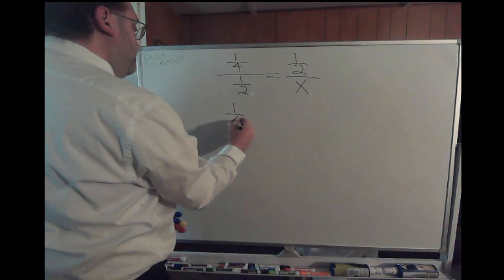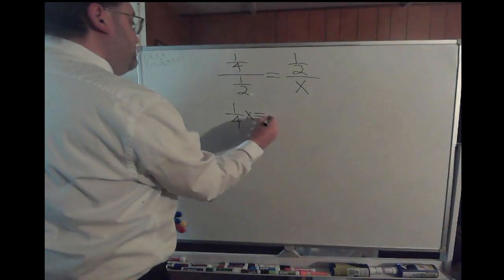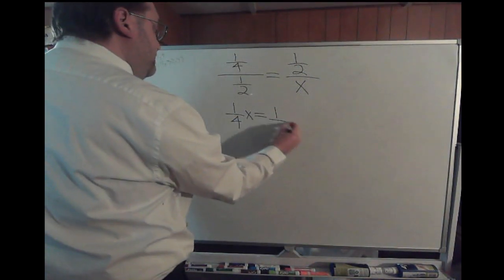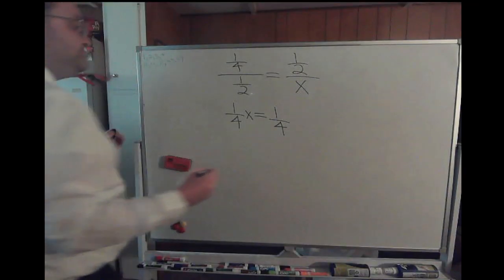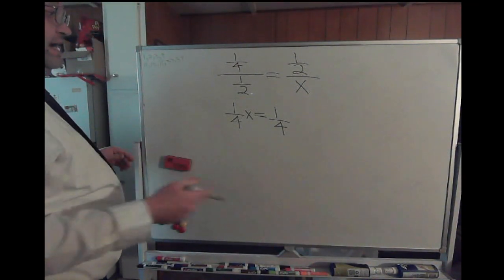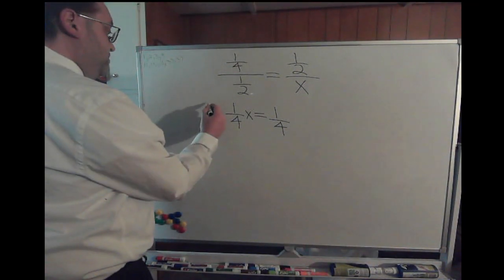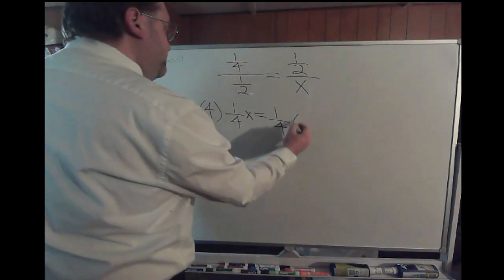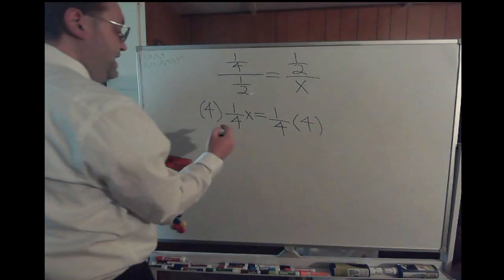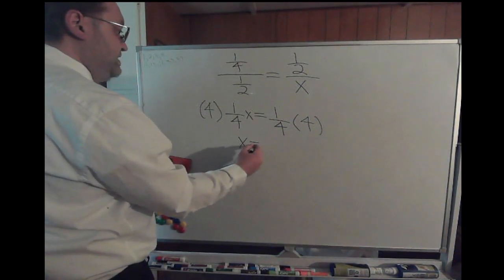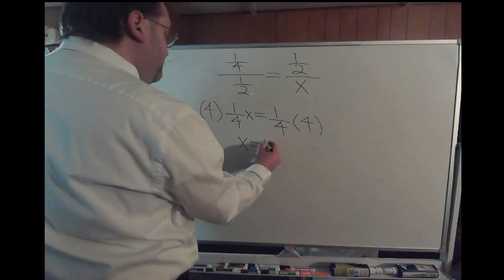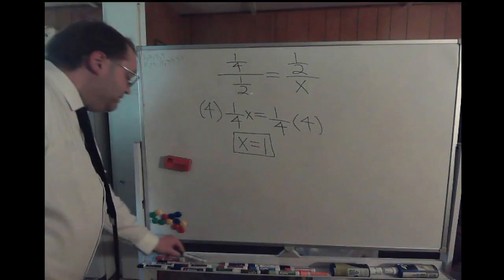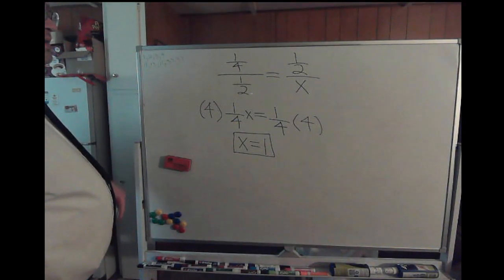So you'll have 1/4 x equal to the cross product of a half times a half. Half times half, that's going to be a 1/4. Okay. Now to get x by itself, you just got to multiply both sides by 4. If you do that, you'll get x by itself is equal to 1/4 times the 4. That's just going to be 1. So your answer to making the ratios proportional is x would be 1.